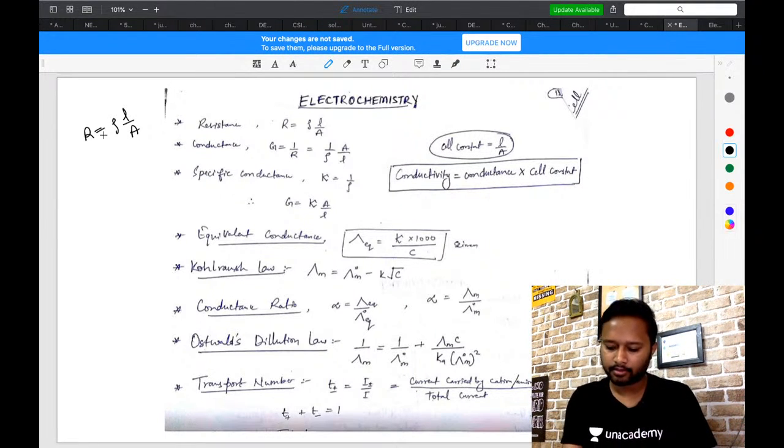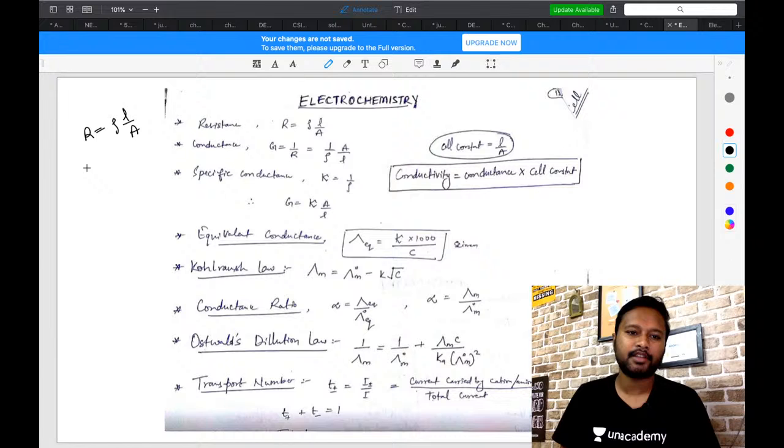All right, the next one is conductance. Conductance is basically the inverse of resistance. Conductance is denoted by G, and this is basically 1 by R. If you put 1 by R, what you get is 1 by rho into A upon L. This 1 by rho, the reverse of resistivity, is called conductivity, and it is given by kappa.